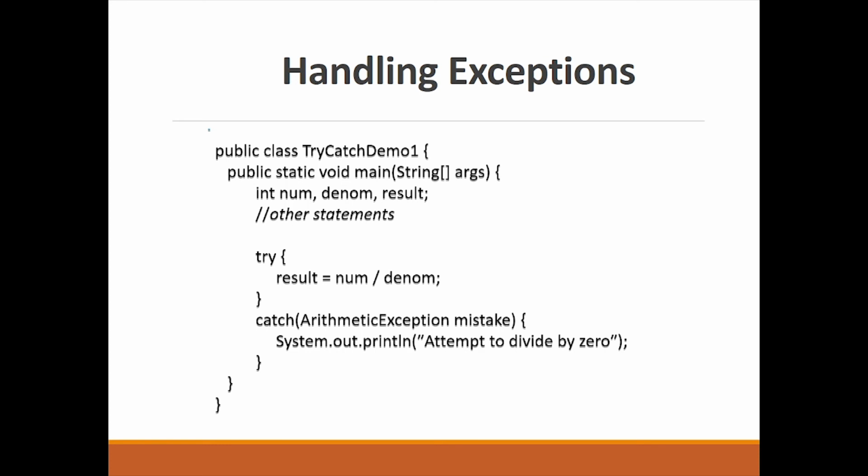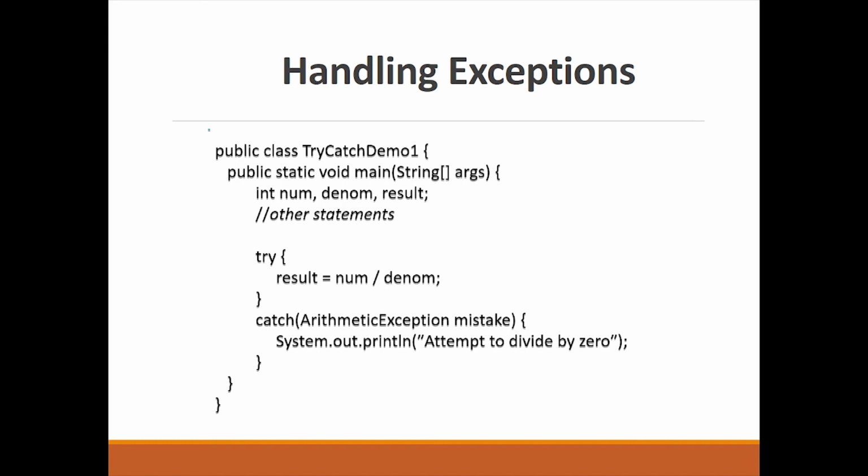Every time there's an error from the try block, which is result equals num divided by dnum, it will be thrown to the catch block.